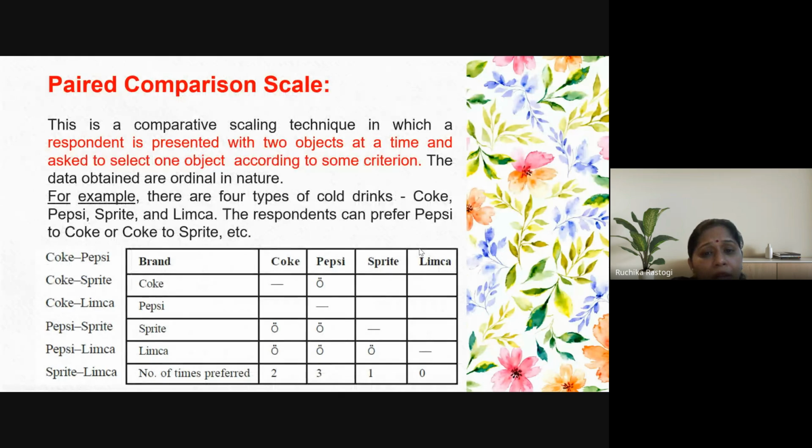The first one that I have taken here is paired comparison scale. Don't see the table first. I will make you understand how this kind of analysis is made. This particular technique is used when the person is about to make a comparison between two objects at a time.